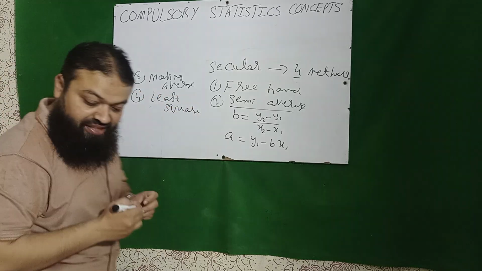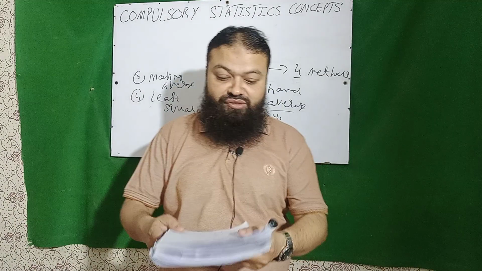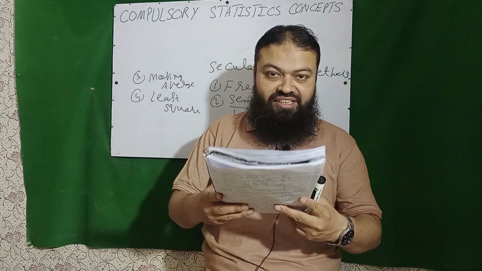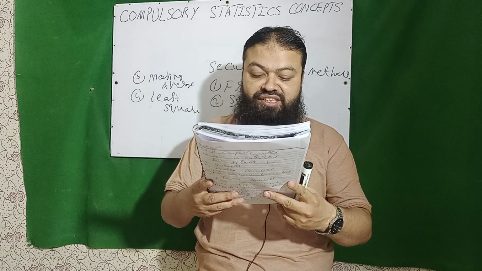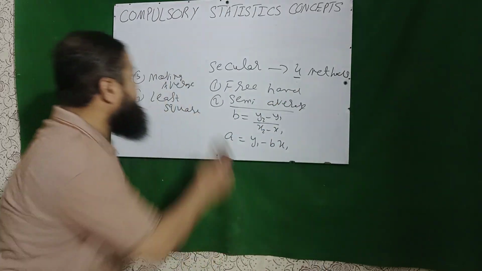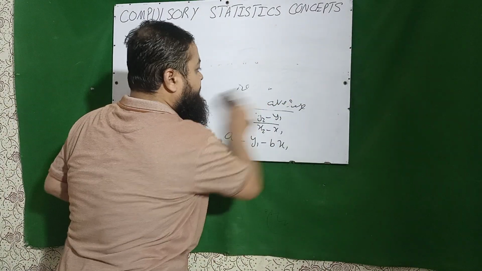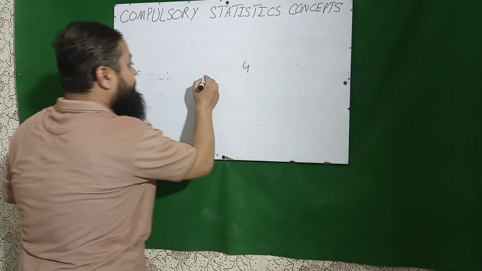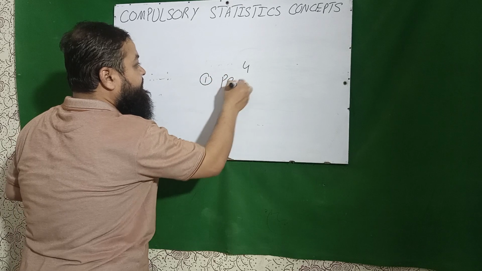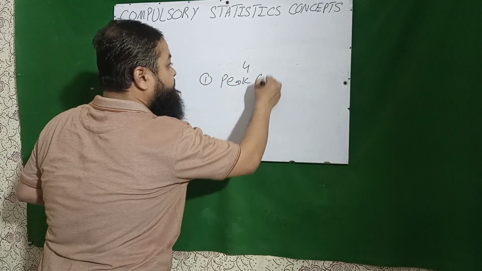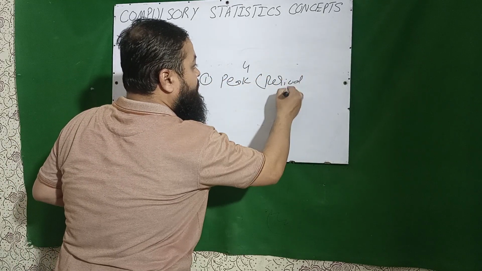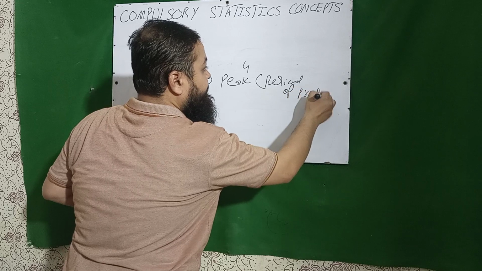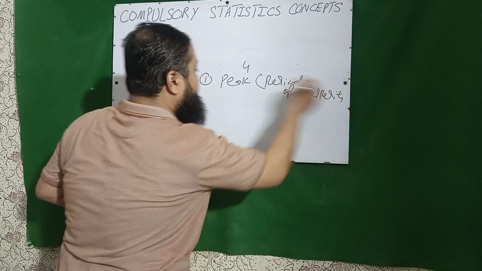Important and essential concepts. Next question is, in a time series, the total number of stages in a complete cycle are. And we know the total number of stages are also 4. Number 1 is peak, which is called the period of prosperity. Period of prosperity, happiness, success.